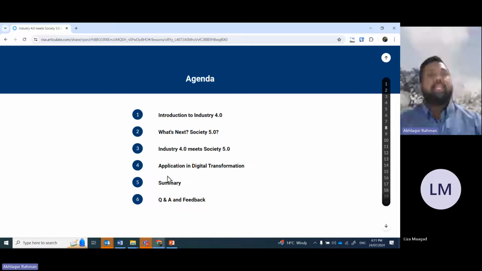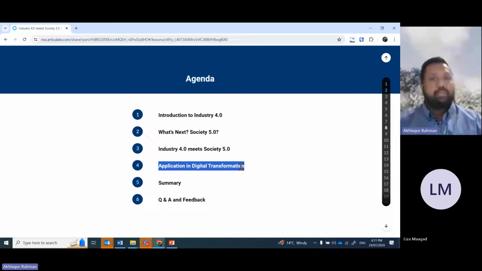As engineers or people interested in engineering, how can you merge these two technologies, or what is the area where these two meet? And then the application in digital transformation: if you understand how to integrate these two, what are the areas where this will be implemented?